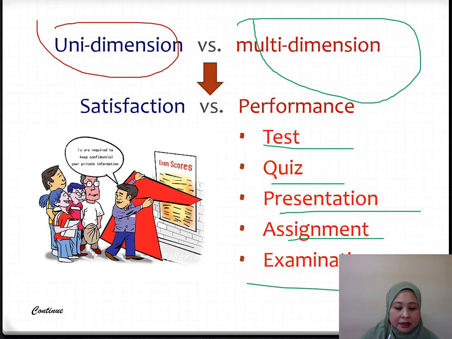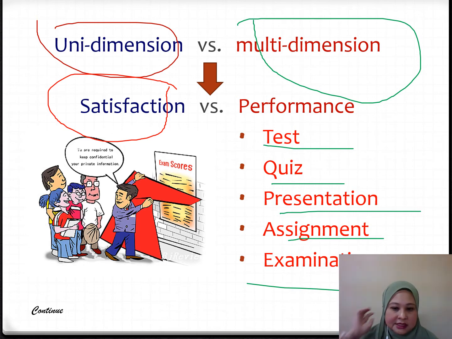But for satisfaction, right, only one dimension, but there are several items to measure satisfaction. For example, in general, I'm satisfied with the service offered by the employees in this restaurant. And overall, I'm satisfied with the food served in this restaurant.